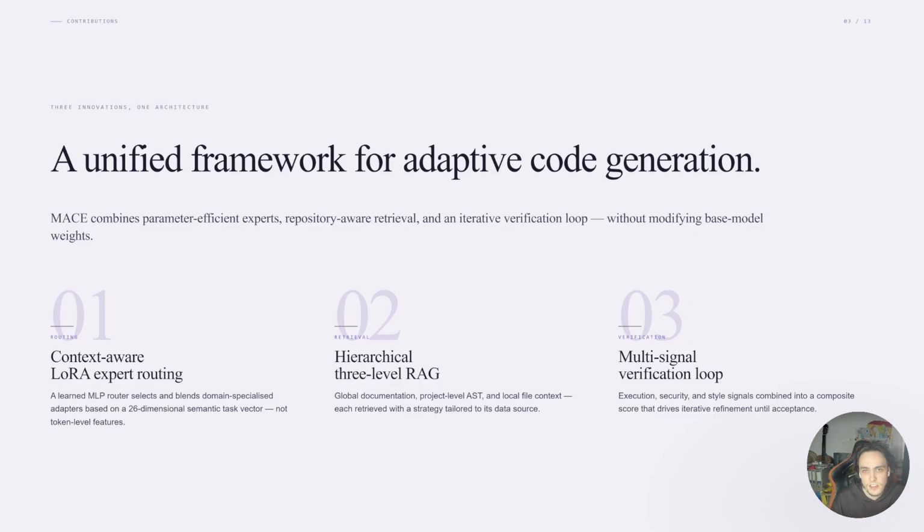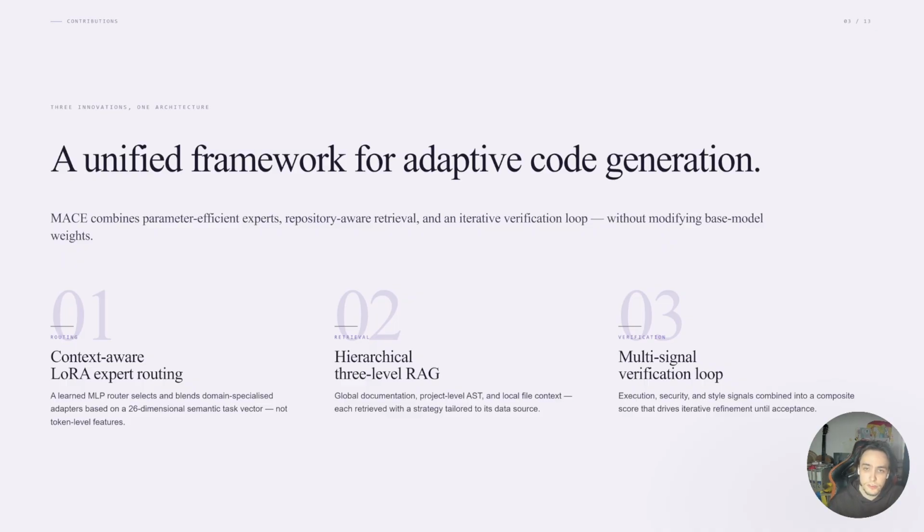The second is a hierarchical three-level retrieval-augmented generation system. We retrieve context at three different scales: global documentation, project-level structure, and the local file the developer is editing. The third is a multi-signal verification loop.